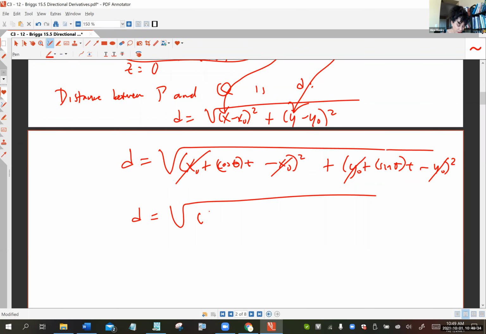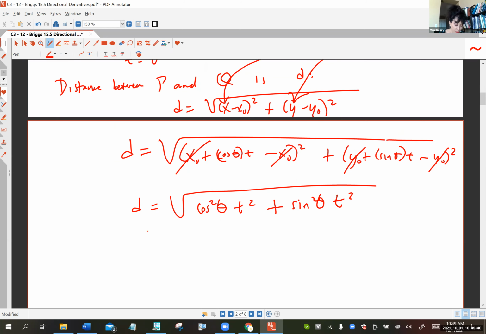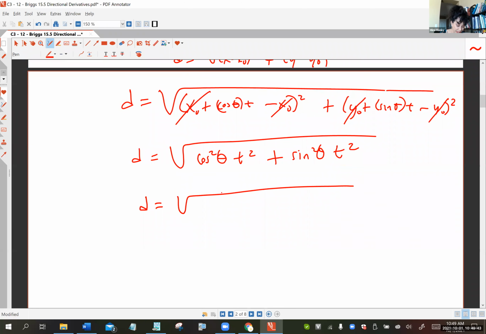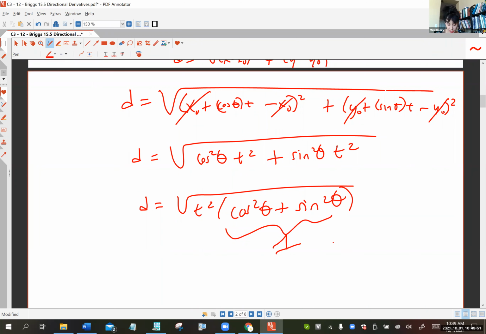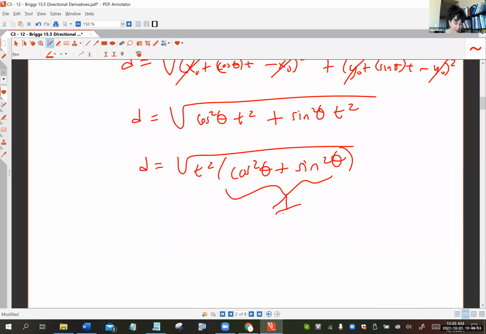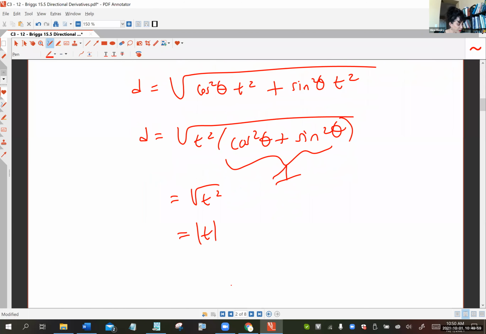I've got cos squared theta t squared plus sine squared theta t squared. And you know from working with trig stuff, if you factor out a common factor of t squared, the other factor is sine squared theta plus cos squared theta. That's 1. And so this is just square root of t squared, which is going to be the absolute value of t. So there's your run.